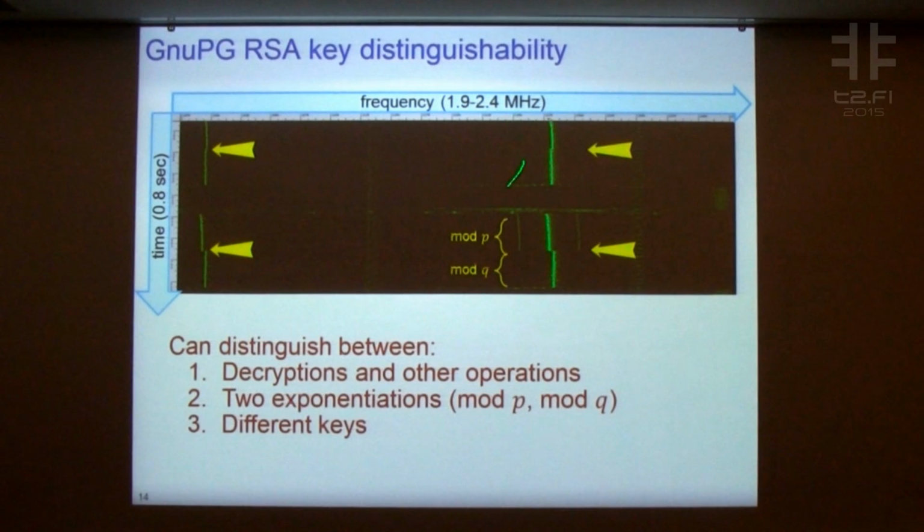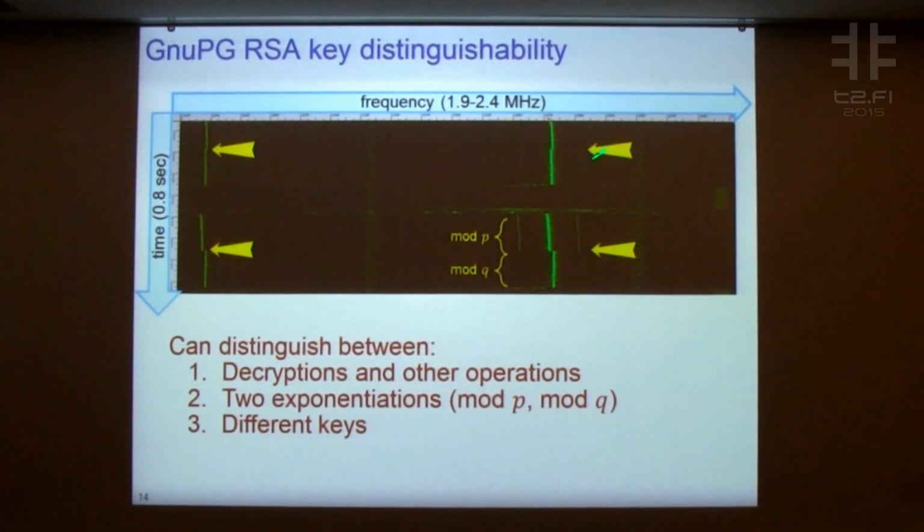The next thing we can see is that in the first decryption this shift is slightly to the left, while in the second decryption it is slightly to the right. The reason is that in the first decryption I asked my computer to decrypt the ciphertext with the first key, while in the second one I asked it to decrypt the same ciphertext with another key.